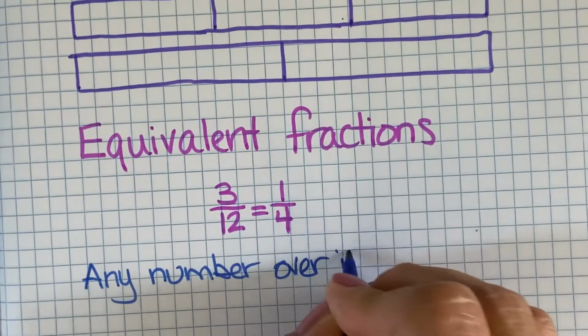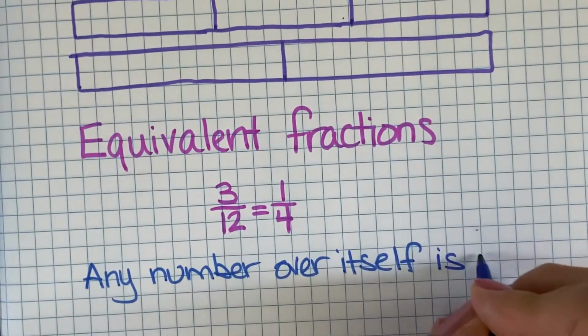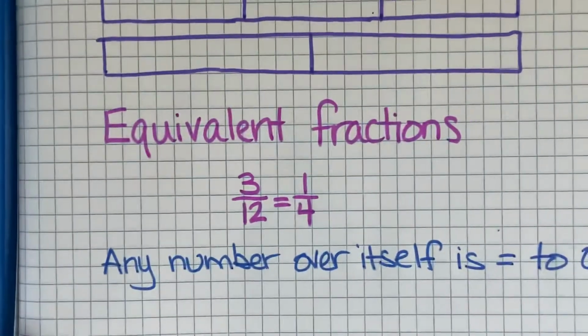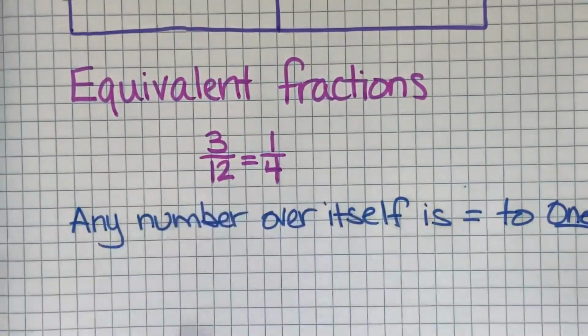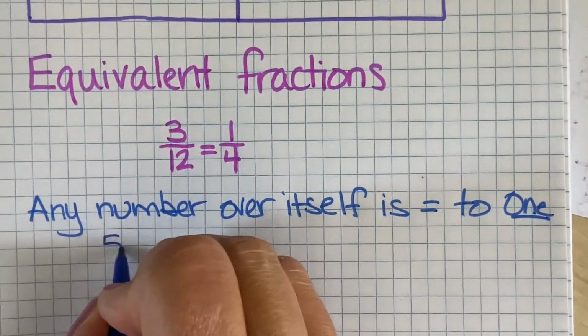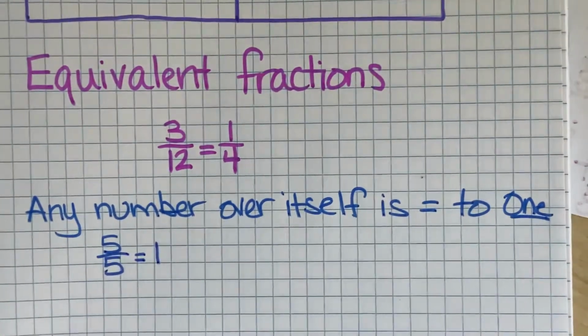You're going to use that when we get to doing it without pictures. If I have 5/5, 5 divided by 5 is 1, it equals 1.